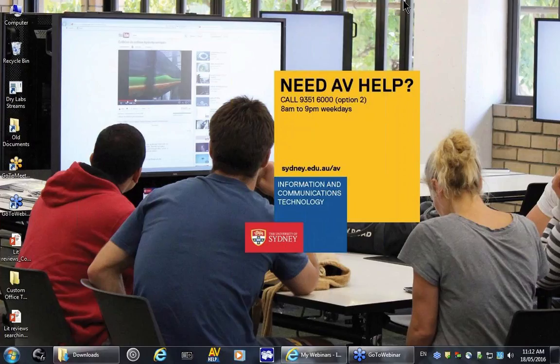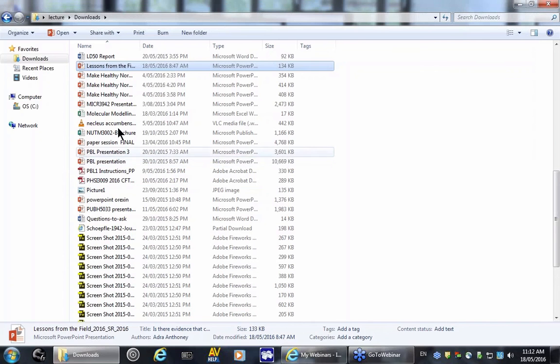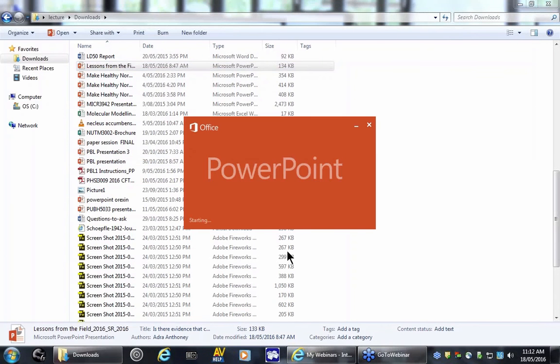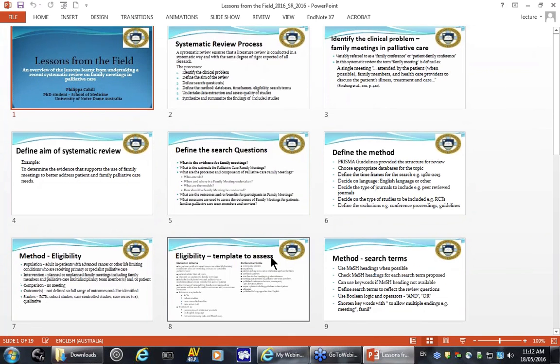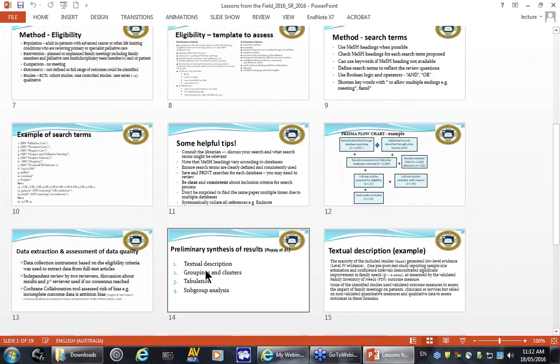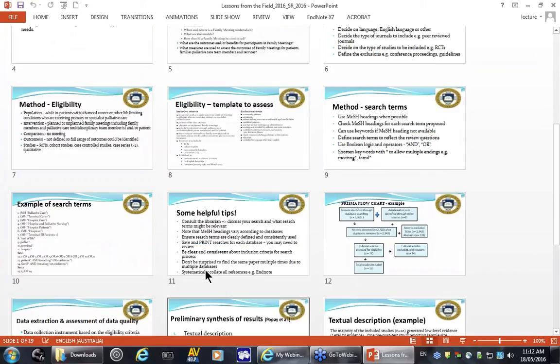What I want you to do in the next 35 minutes is define your search question, and then I'll put Philippa's slide with the PICO back up again. Think about what's the patient group you want to focus this review on, what's the intervention you're interested in, and start to think about the comparator and the outcome.